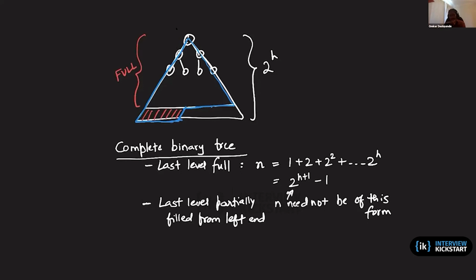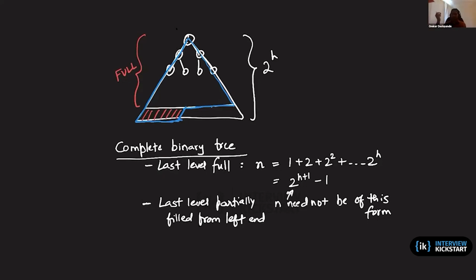So we want this kind of structural property, and we want the binary search tree property to be satisfied. In the case of a heap, we wanted this structural property, and in addition to that, we wanted a heap property.